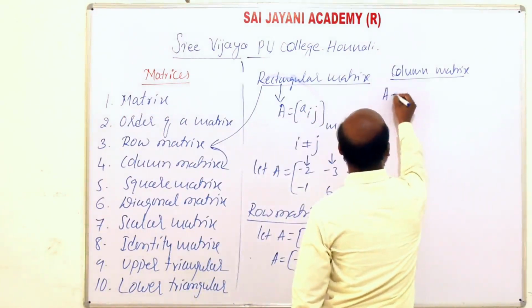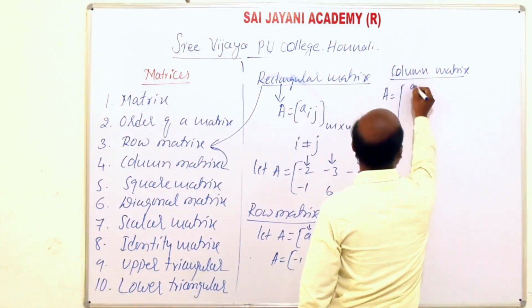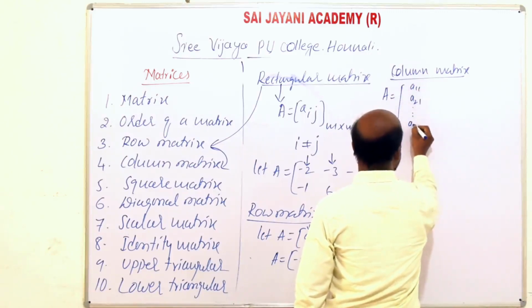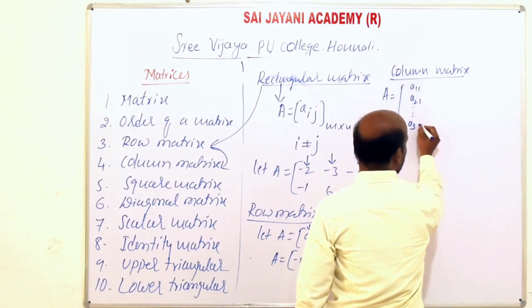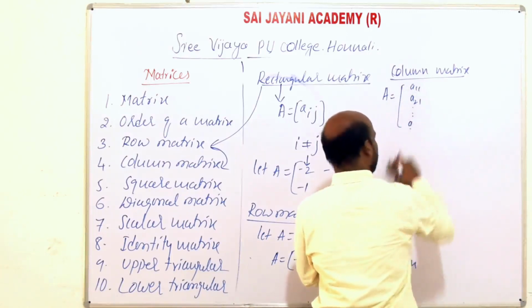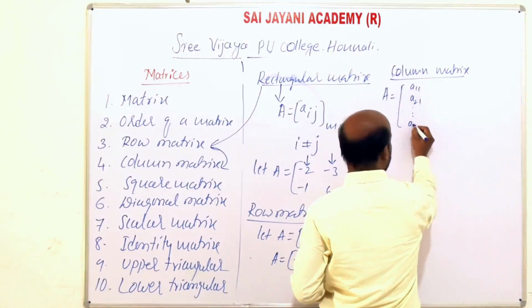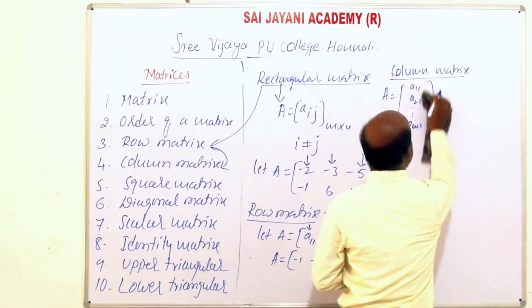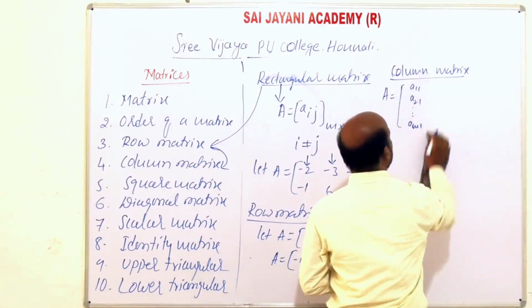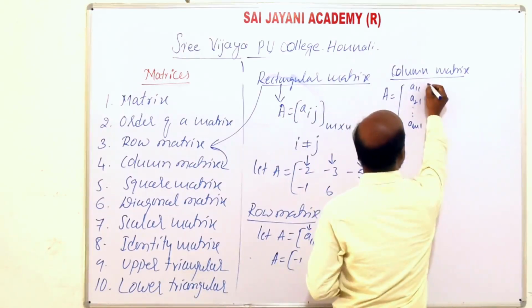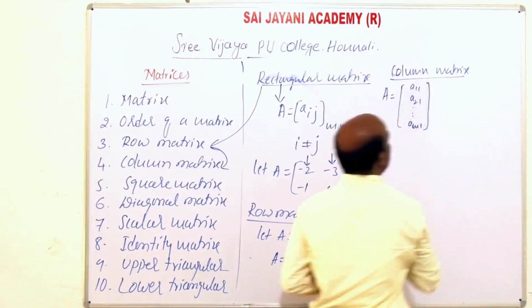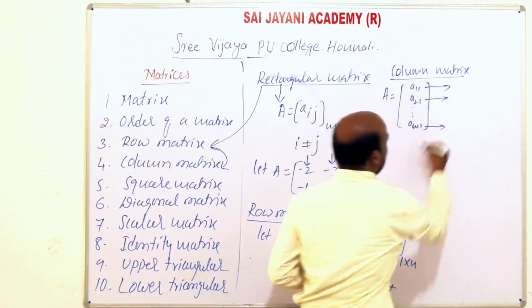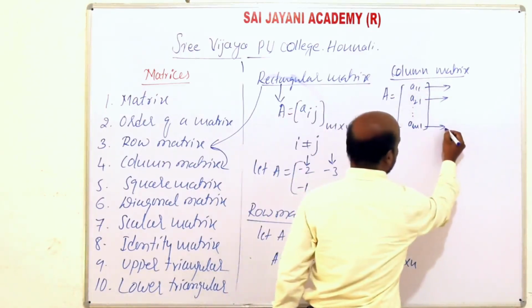Let us take the matrix A = [a11; a21; a31; ...; am1]. So first column, and this is the mth row.